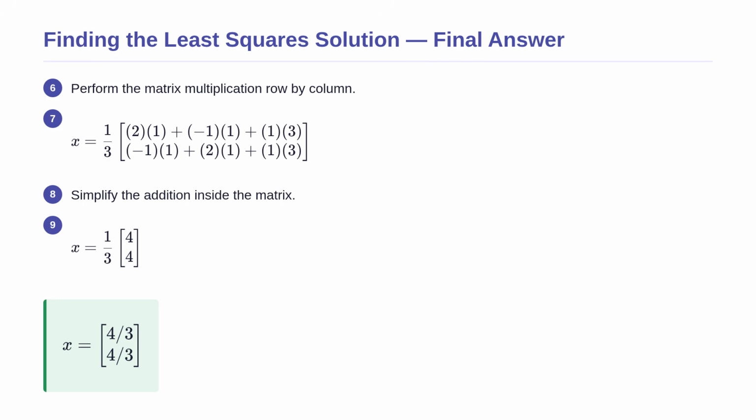Finally, we multiply by the 1/3 scalar sitting outside to get our final values. This is our final least square solution. Physically, setting both variables to 4/3 is the absolute best possible compromise. It will not make any of the original 3 equations perfectly true, but it guarantees that the total squared error across the entire system is minimized.